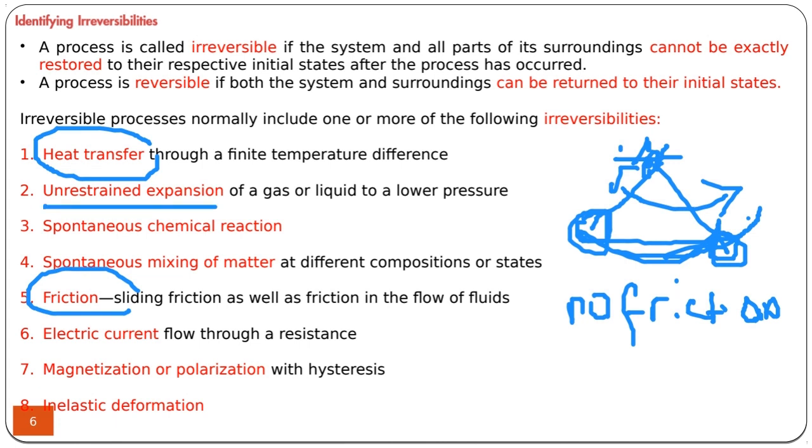Other kinds of irreversibilities can be studied in other disciplines like chemical engineering, but in the mechanical engineering discipline, we will be using the irreversibilities as heat transfer, unrestrained expansion, and friction.